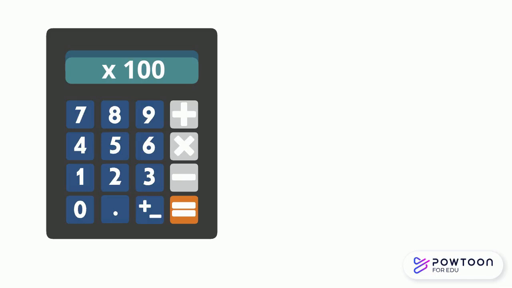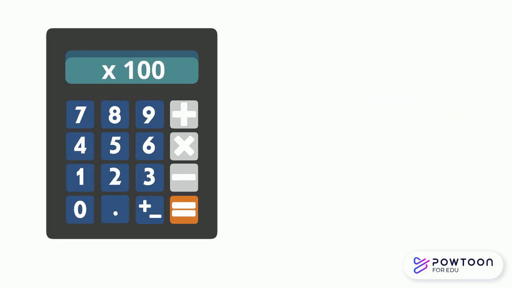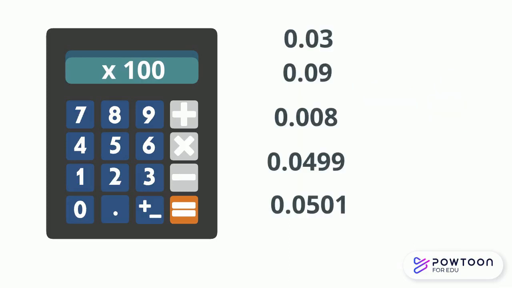Some people can find spotting significant p-values quite difficult because of the decimals. So one easy solution to this is to times your p-value by 100, which turns it into a percentage, and then you're just looking for p-values below 5%. So let's look at some example p-values.